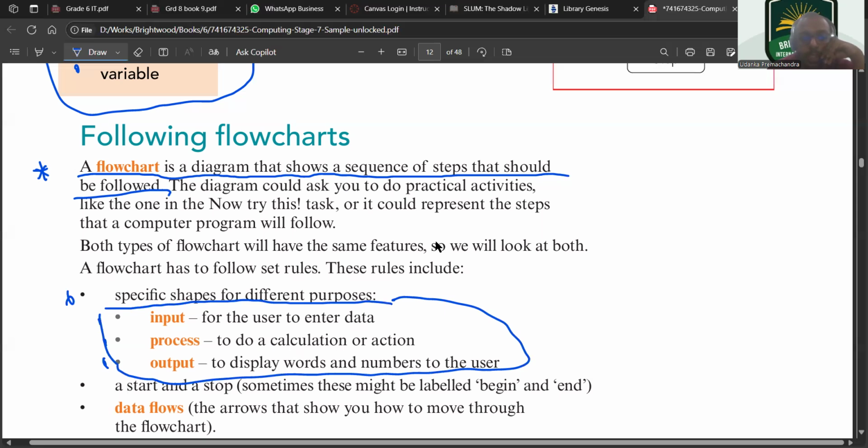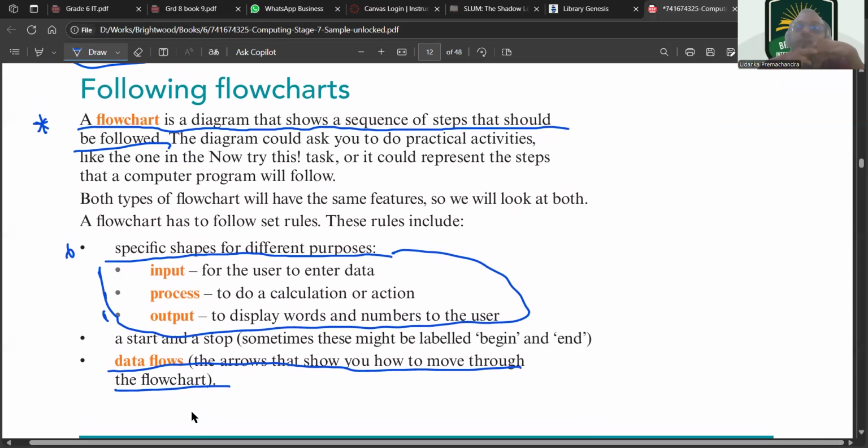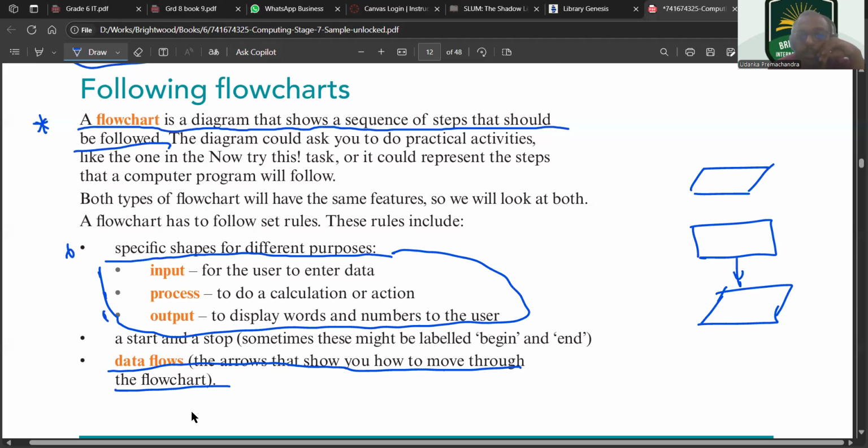And also we use data flow with the arrow keys. These are the important things. Write down these underlined things. A flow chart is a diagram that shows a sequence of steps. I think you already know. The main things are input and process and output, each with its own shape, and data flow with the arrow.